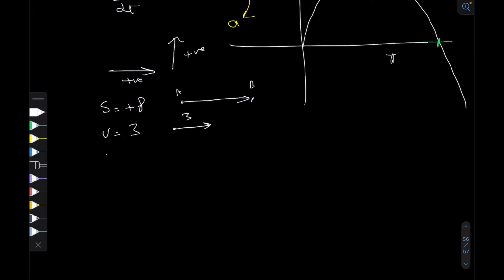If I had displacement of -10, then that would mean that if I want to go from point A to point B, I would go in the left direction. And similarly, if the velocity was negative, then that really means that the change in displacement is happening on the left hand side.